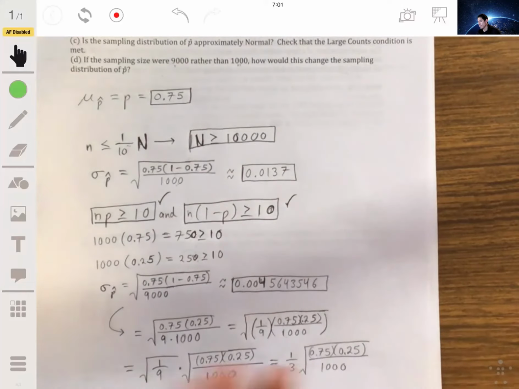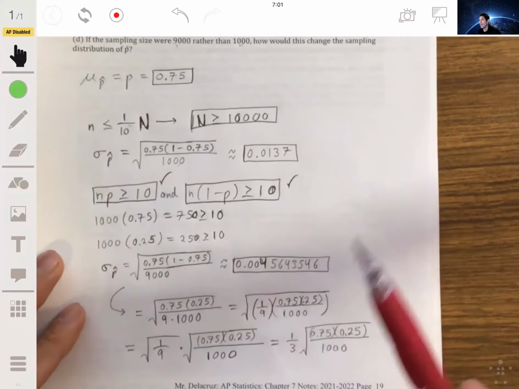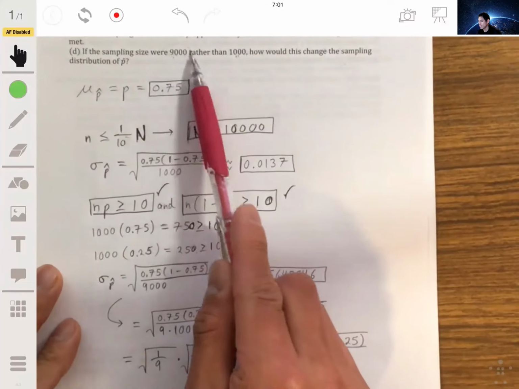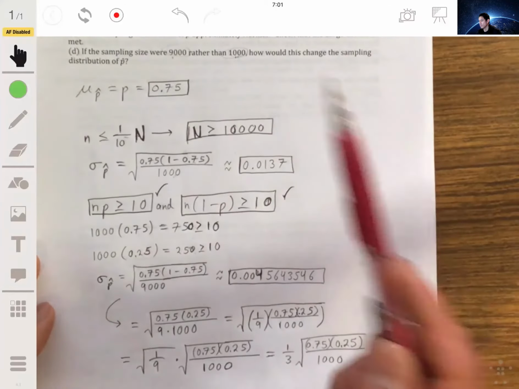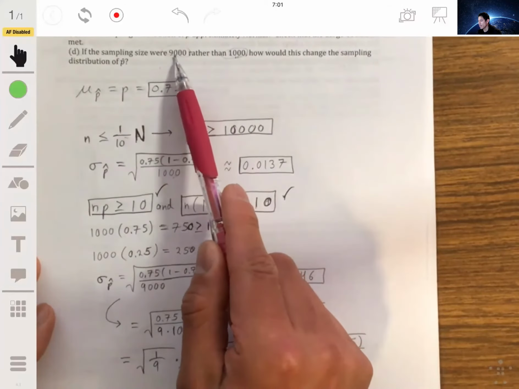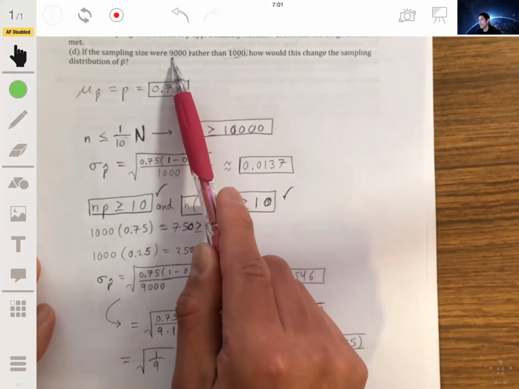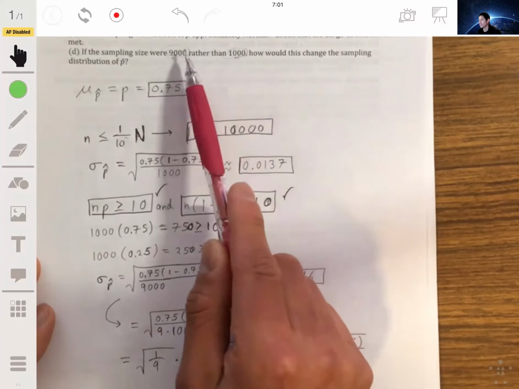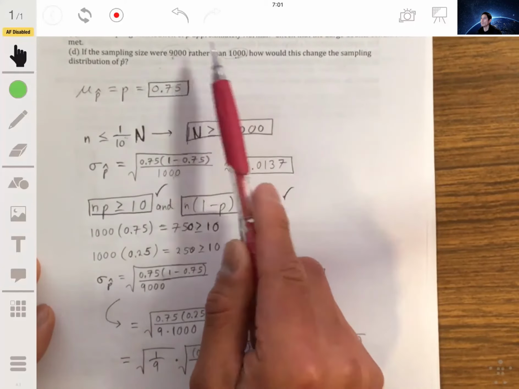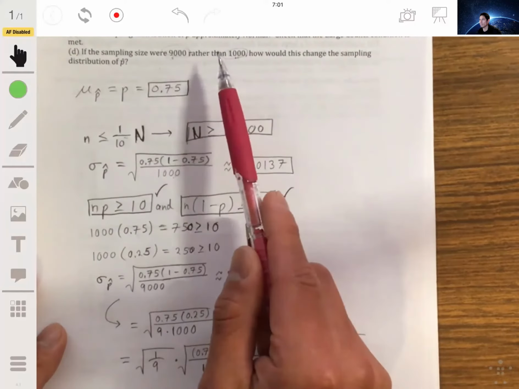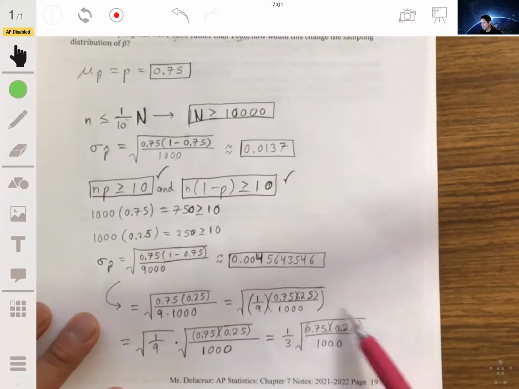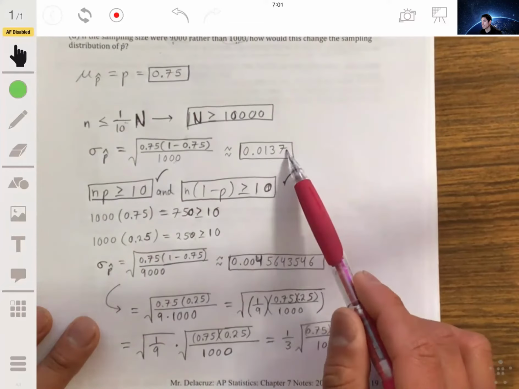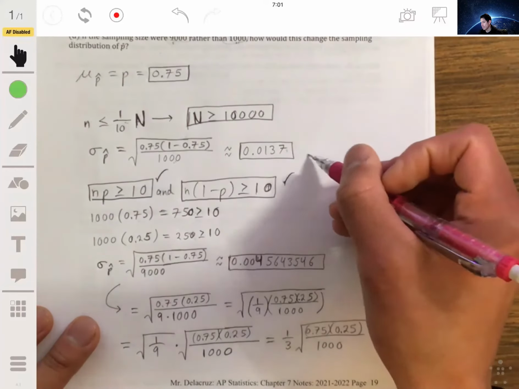More data, more precise estimates. And this essentially tells you the factor by which it decreases. It decreases by the factor of the square root of 9. So it's not multiplied by 1/9. It'll be multiplied by the square root of 1/9, which is 1/3. So this is 1/3 times the original one.